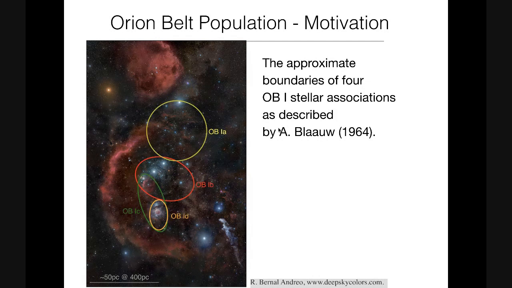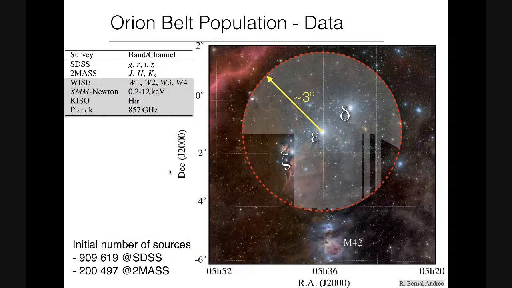So my work was mostly in the region of the Orion belt, those beautiful three stars and a very prominent sky feature. So we picked a region of 3 degrees around Epsilon Ori, which is the middle star of the Orion belt.